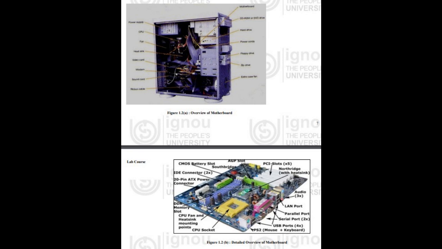1.2.1 Computer and motherboard. Computer. A computer is programmable machine that receives input, stores, manipulates data, and provides output in a useful format. Computer takes input from input devices and then computes in CPU and stores in memory and sends output to output devices.